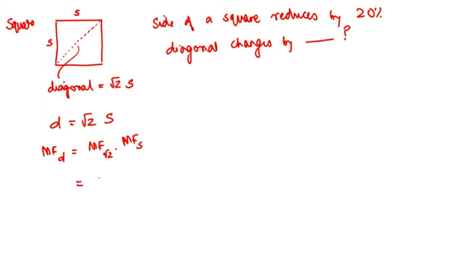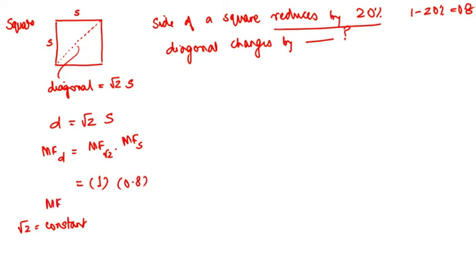The multiplying factor of root 2 is 1, because root 2 is a constant, and the multiplying factor of any constant is 1. The side reduces by 20%, so 1 minus 20% is 0.8. Therefore the multiplying factor of the diagonal is 0.8, which means the diagonal reduces by 20%.